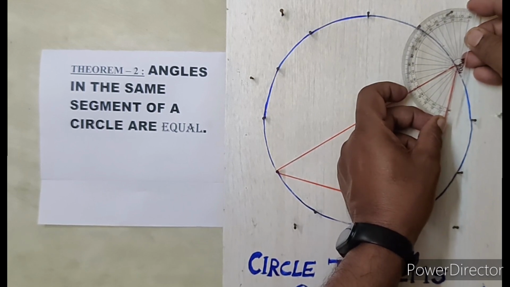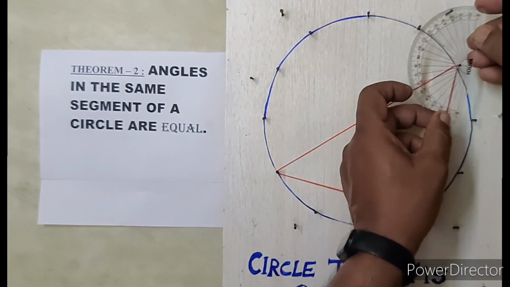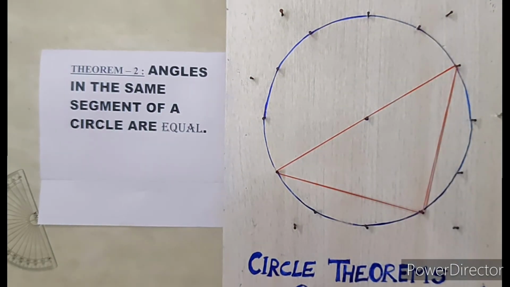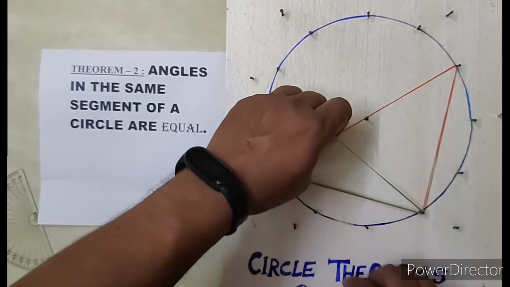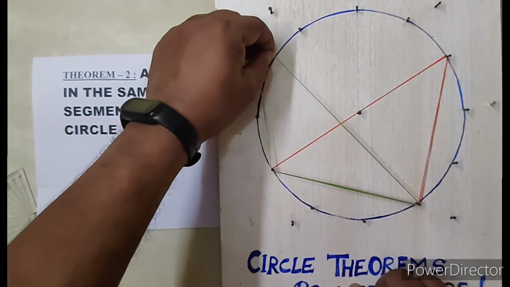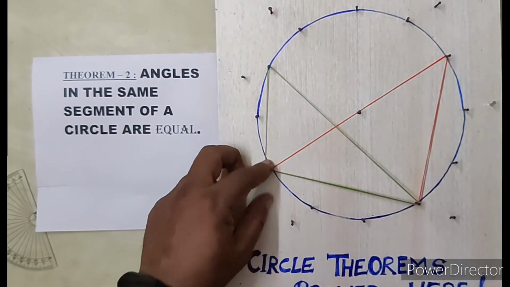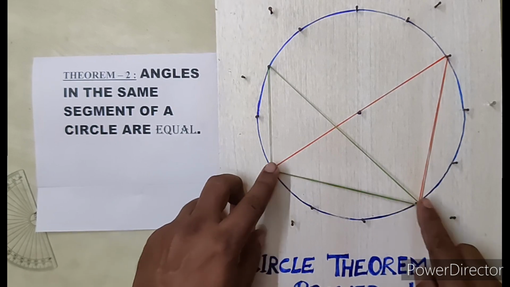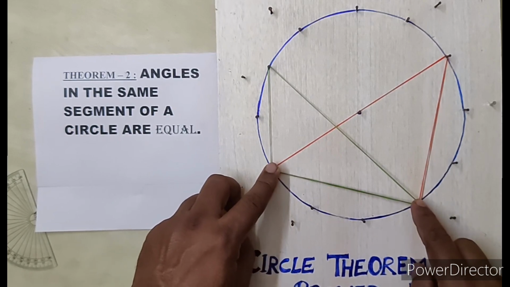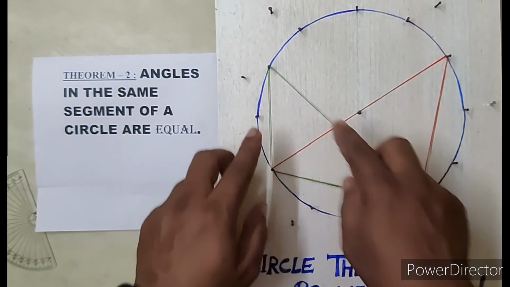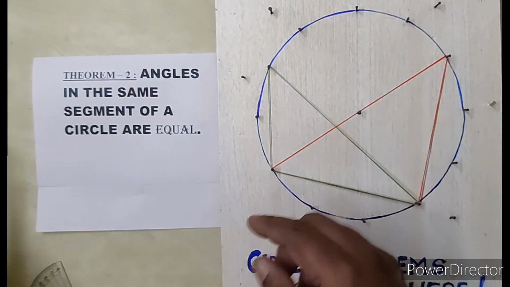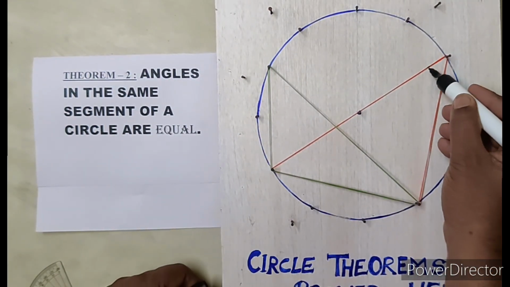It is coming to 45 degrees roughly. Now I take another one. You can see from these two points, which are the chord of the circle, the lines are going one in this part and the other in that part, both of them in the major segment. This one we had got as 45 degrees.